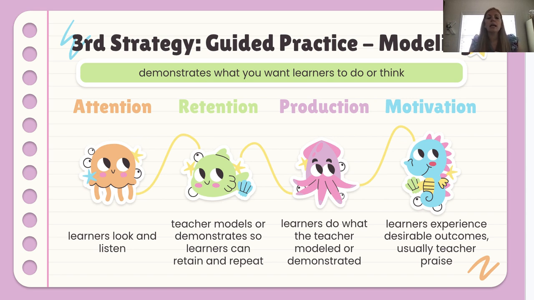You really have to know your students and how they perform in order to see the best way to model. But the biggest thing is making sure that they are engaged and they are seeing what they need to do. So there's 4 different strategies for modeling: attention, retention, production, and motivation.